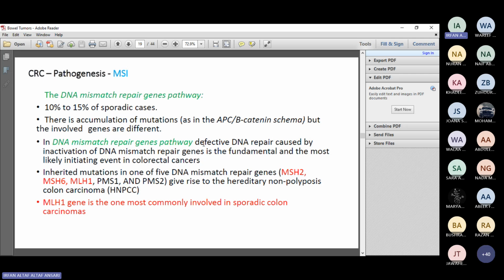The defective DNA goes into the cell cycle and there is development of the tumor. So you have MSH2, MSH6, MLH1. These are very important genes, especially MLH1, which is one of the most commonly involved in sporadic colon cancer.